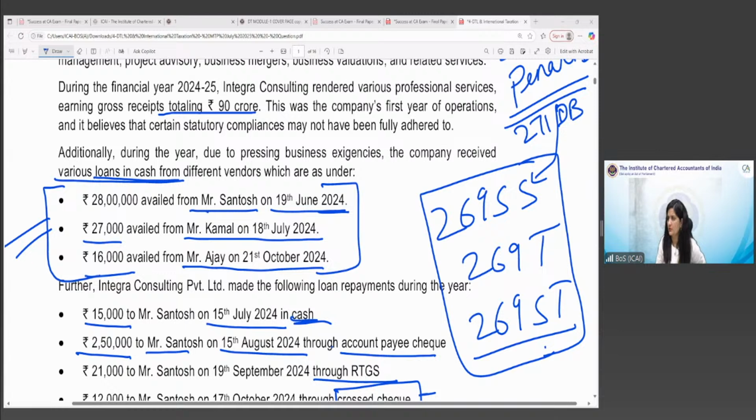Yes, I got the answer. 28 lakh thousand. Is it right? Again, revise. I'm giving you another 1 minute. 28, 27. Now, I think I should just take you through that provision itself.